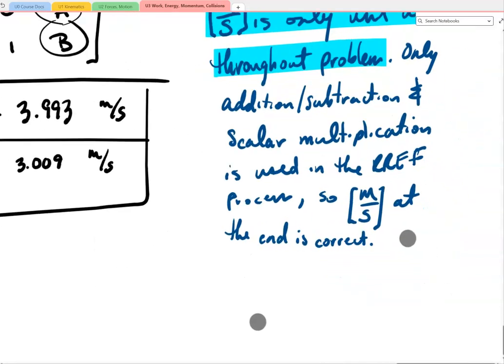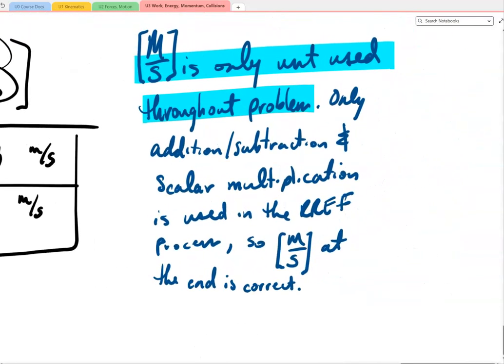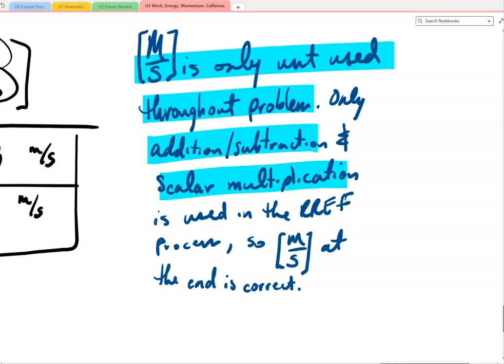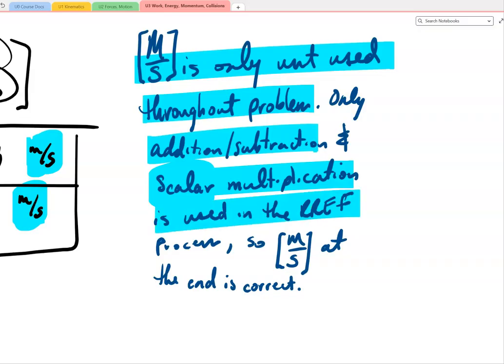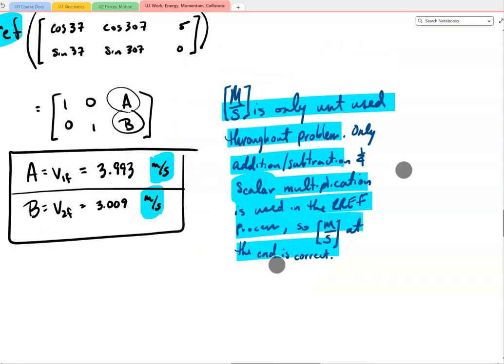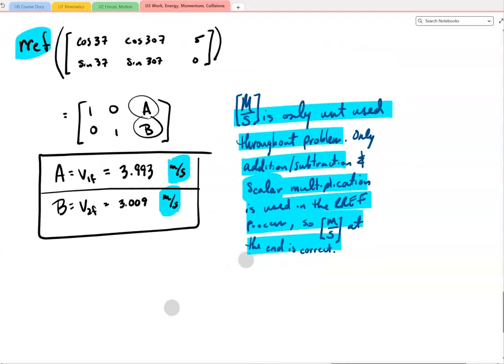And if you recall with row operations, when we were studying that in college algebra, only addition and subtraction of rows and scalar multiplication is permitted to modify those rows. So if we're only adding and subtracting, then we have to stay within our meters per second unit. And if we're multiplying by scalar quantities, numerical quantities, then we also have to stay within our meter per second unit. So I go on to explain that that's the reason why I know that the meter per second unit at the end here is completely correct.